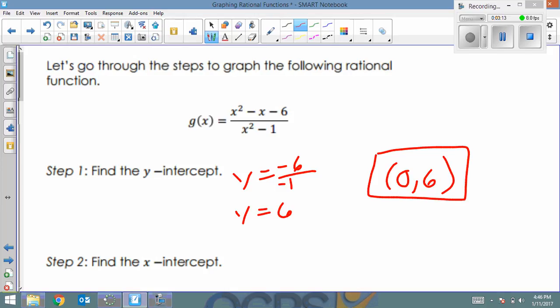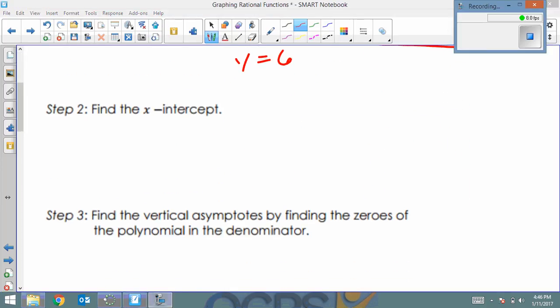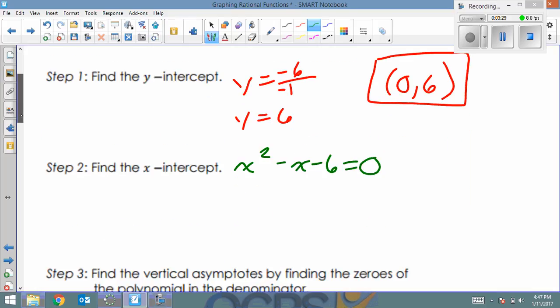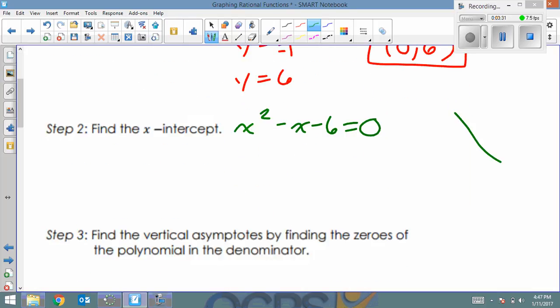Next, find the x-intercept. To find the x-intercept, we take our numerator, x squared minus x minus 6, and set it equal to 0. Now we're going to solve. We can use the x method, negative c over -1, which gives me -3 and +2.